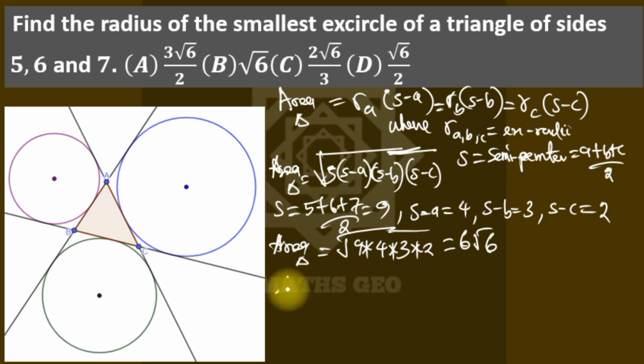So remember, we're asked to find the radius of the smallest excircle. The smallest excircle radius is the one that is tangent to side 5, because 5 is the smallest side.